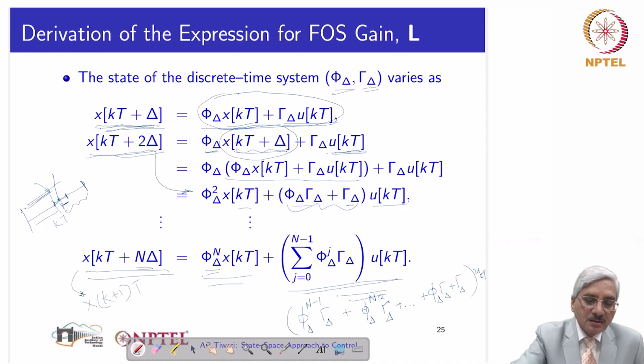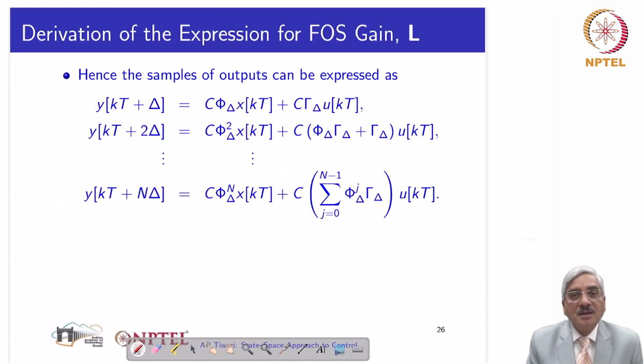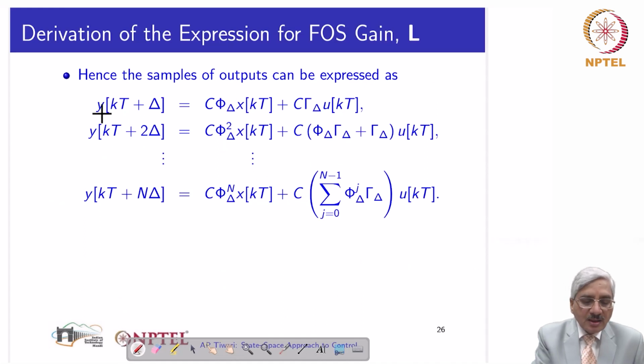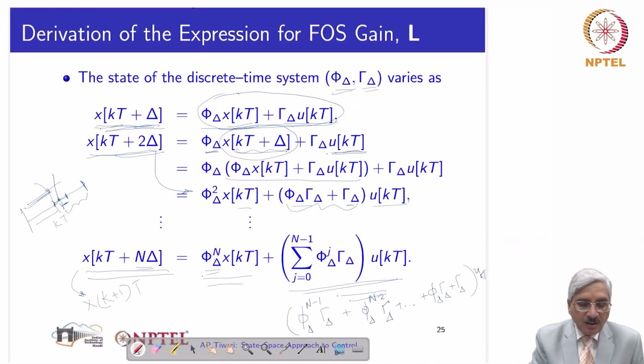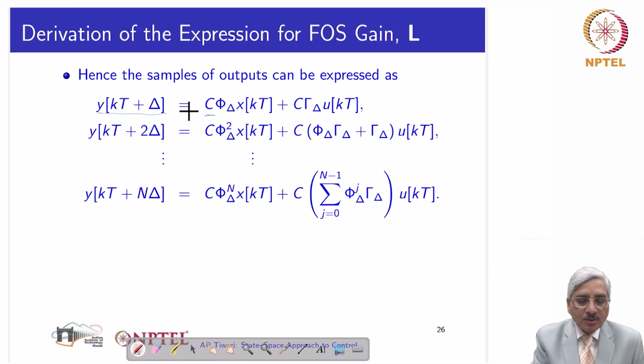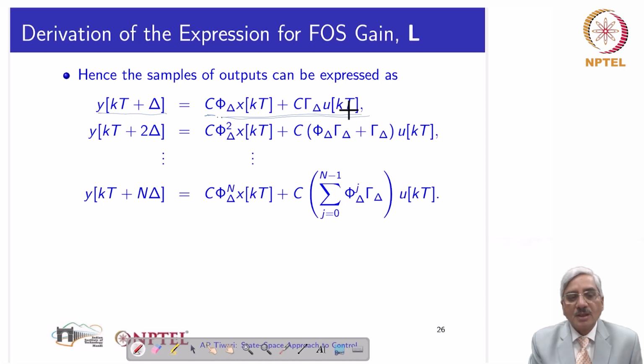Now next, because output is C times x, y(kT+δ) is C times x(kT+δ). If this is multiplied by C, we will get y at kT+δ, which gives this.